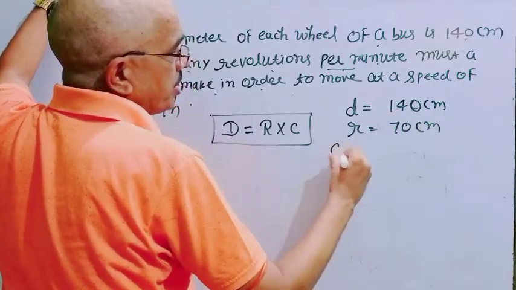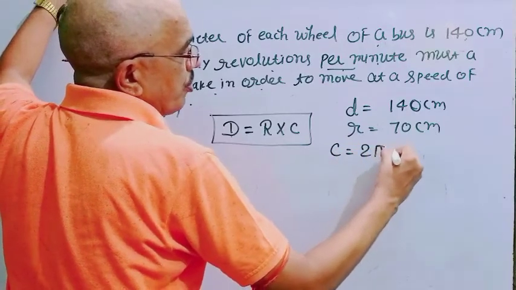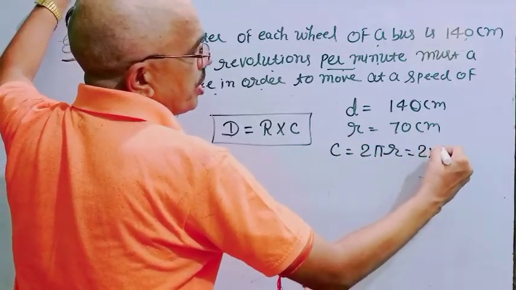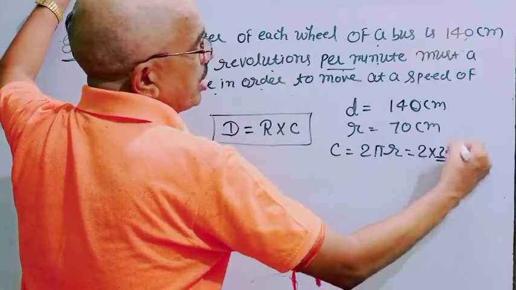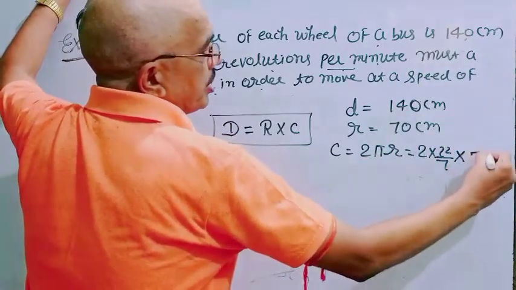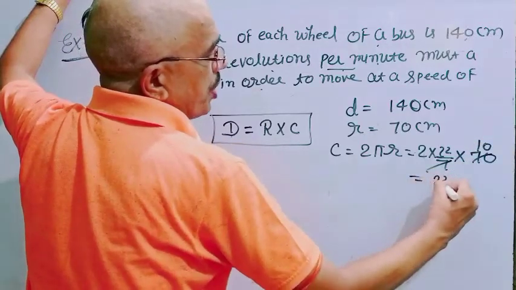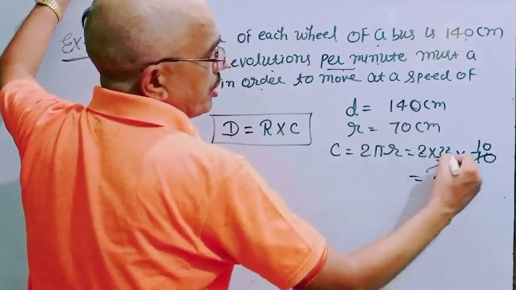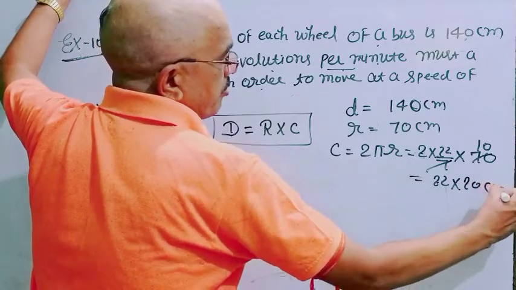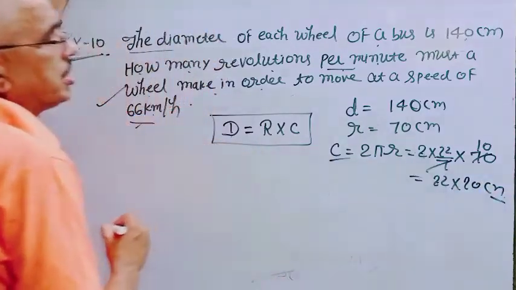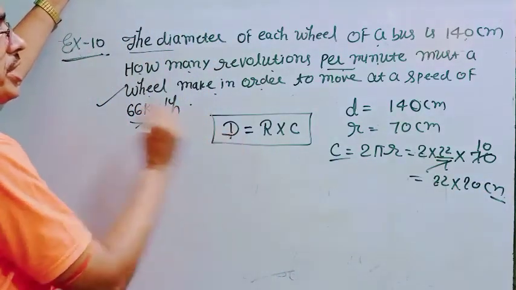Circumference is 2 pi r, that is 2 into 22 by 7 into 70, so it is 2 into 10 into 22, that is 440 cm. It is the circumference.